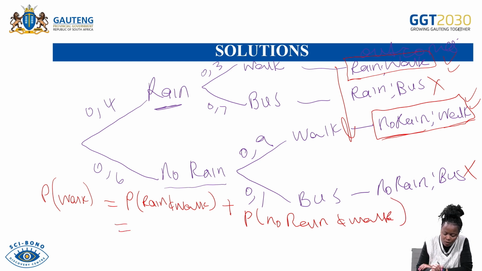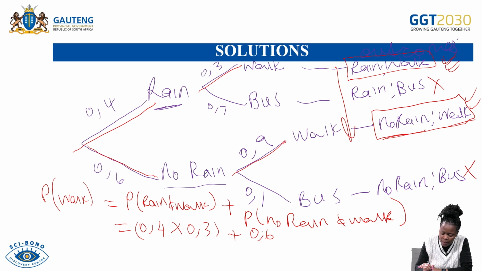So the probability of rain and she walks, when you go this side, it's going to be 0.4 times, you go that side, 0.3. Then you are done with this one. And then plus, no rain and she walks, it's going to be 0.6, and this side, it is going to be 0.9. So it's times 0.9. When you go along the branches, you are multiplying. If you go down, you add. So it's 0.4 times 0.3 plus 0.6 times 0.9.